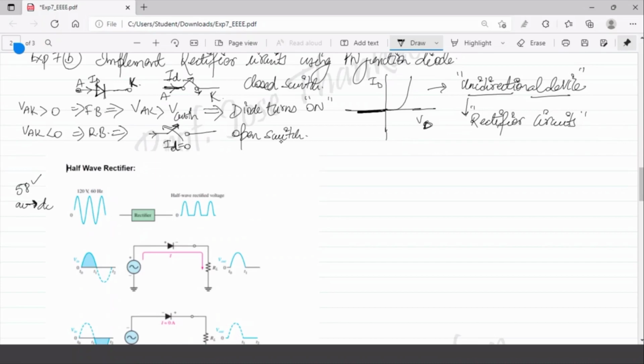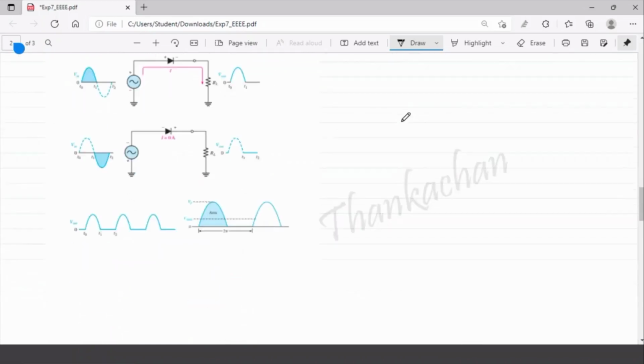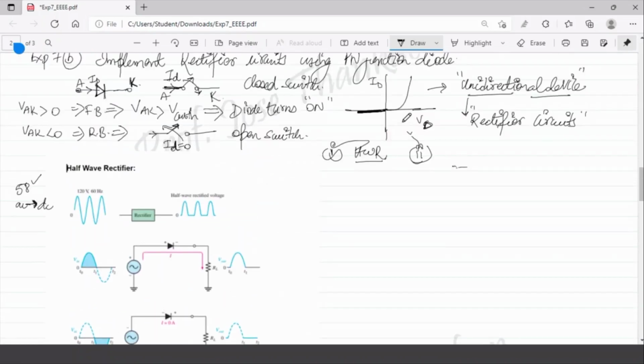You can see there are three types of rectifiers which we are going to study. The first one is the half wave rectifier. The second is a full wave rectifier with center tapped transformer.